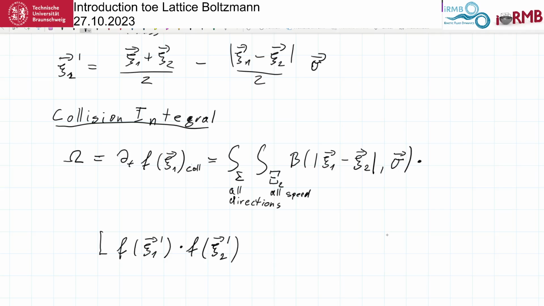So their joint probability is the multiplication of the two probabilities. And because there's only two particles always colliding, it's only the probability between two particles. Yeah? And now this is the result, so the post-collision, after collision term.